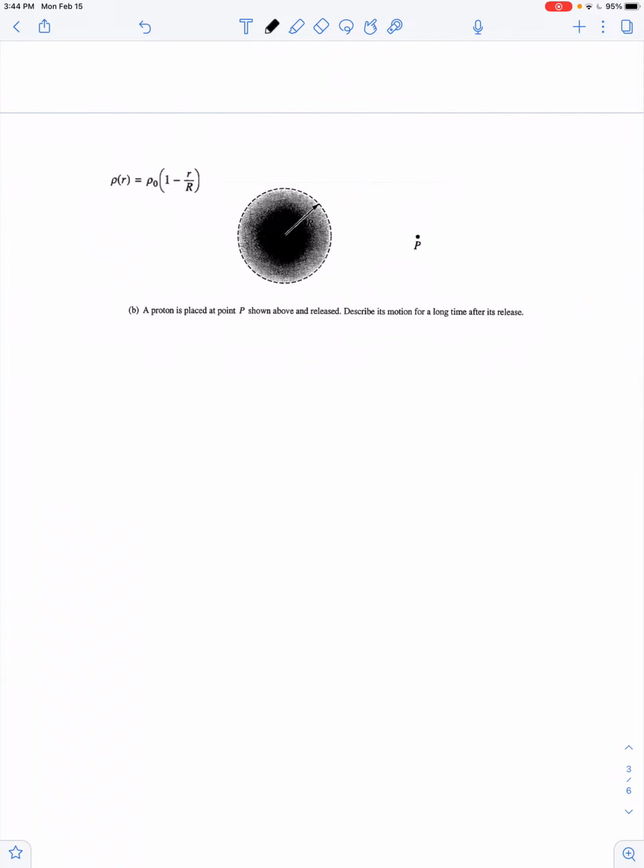Okay, part B says we place a proton, which is a small positive charge, here at point P. Now let's picture these electric field lines. The electric field is going to point radially outward from this positive, non-uniform spherical charge distribution.